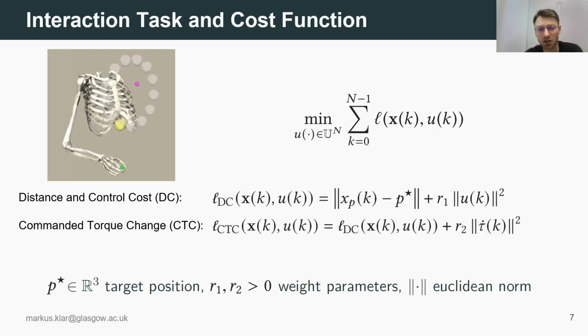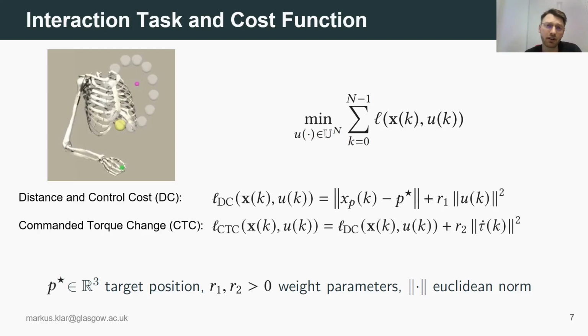As a second version, on top of this DC cost, we added a commanded torque change cost term that is commonly used in human motor control. That also penalizes a change in the joint torques that comes directly from the muscle control signal.